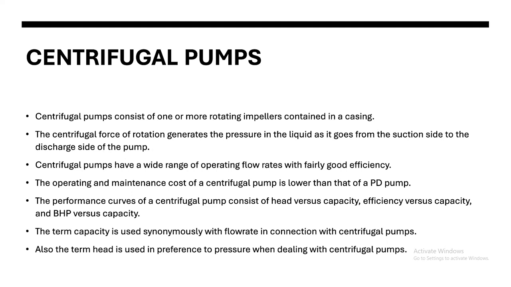The term capacity is used synonymously with flow rate in connection with centrifugal pumps. Also, the term head is used in preference to pressure when dealing with centrifugal pumps. It's because if I tell you that this pump can provide so much head, it means regardless of the liquid, it will give you that much head, but pressure will be different. So that's why we specify head instead of pressure.